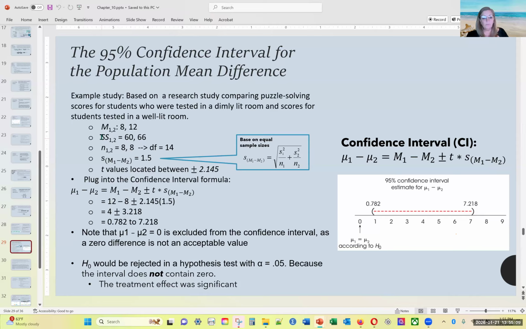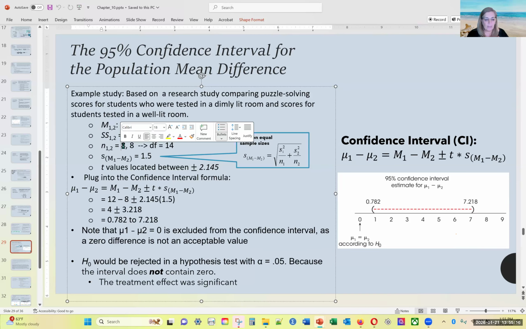We calculated sum of squares of 60 and 66. In each group we had 8 people, which means if you add them together, minus 2, and minus 1 for each group, you end up with degrees of freedom of 14.